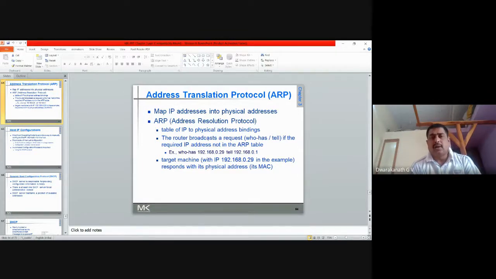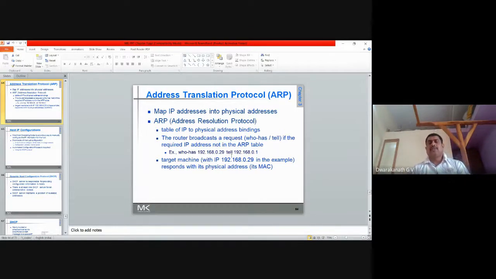The router broadcasts a request, who has, if the required IP address is not in the ARP table. That is, who has 192.168.0.9, tell 192.168.0.1, the target machine.